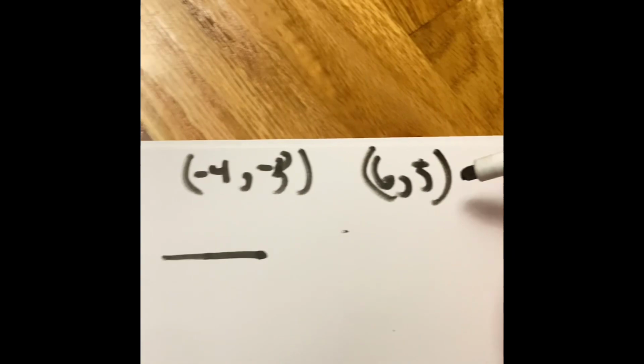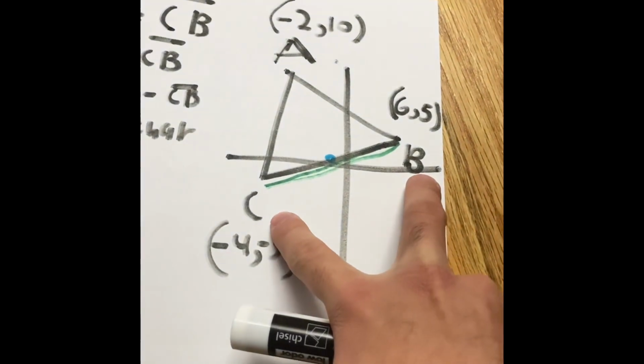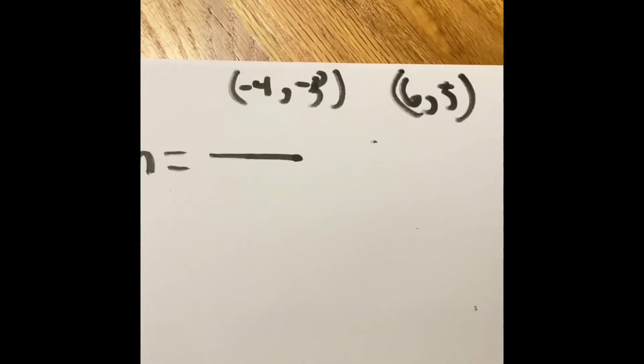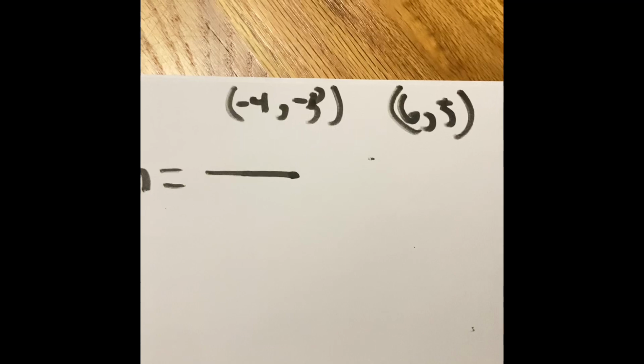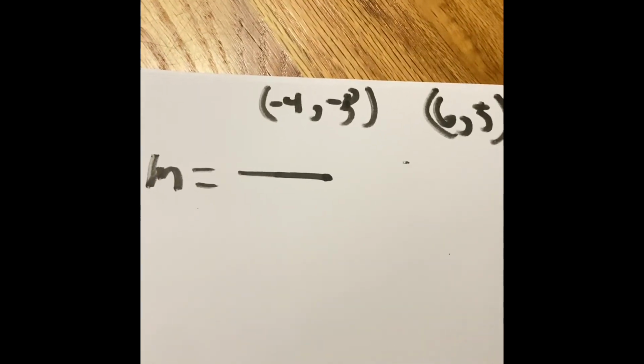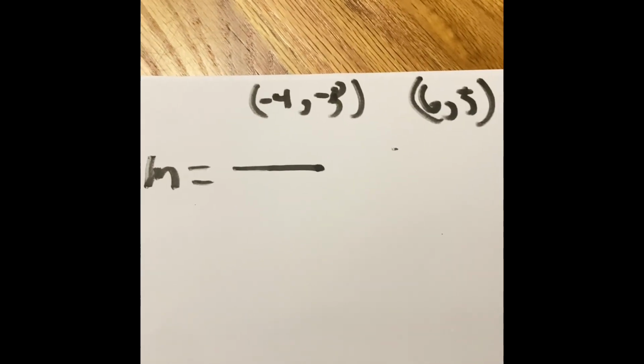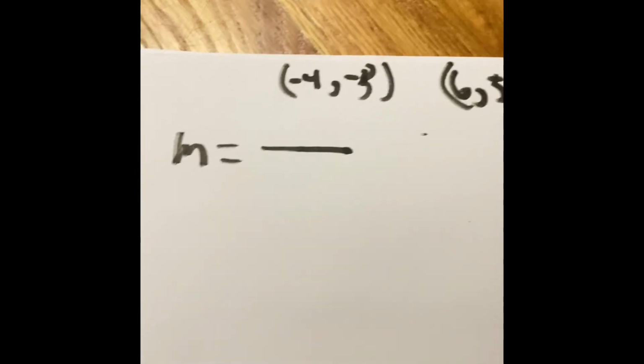Those are the 2 points from these things right here. It really isn't going to matter which order you put them because they'll still give you the same answer, and they'll also give you the same slope, because some things may be negative which turn to positive, and positive, negative.